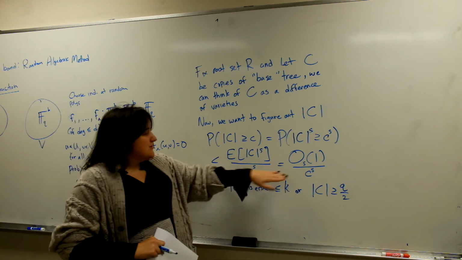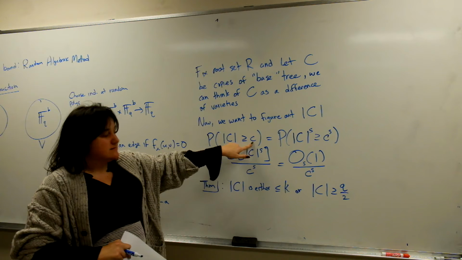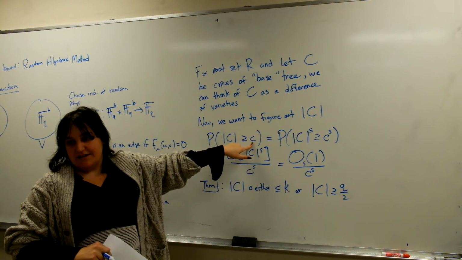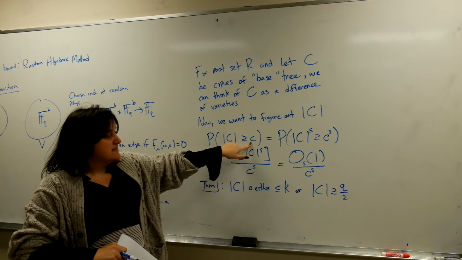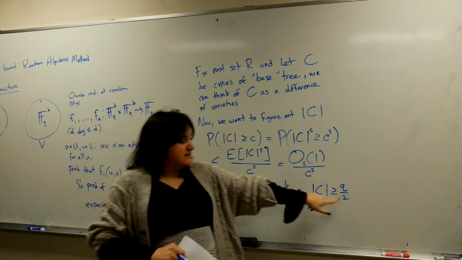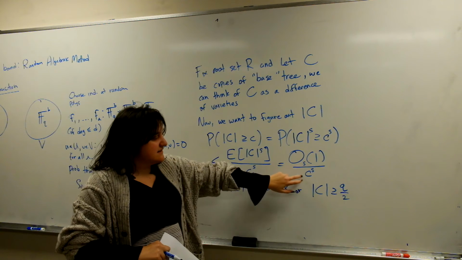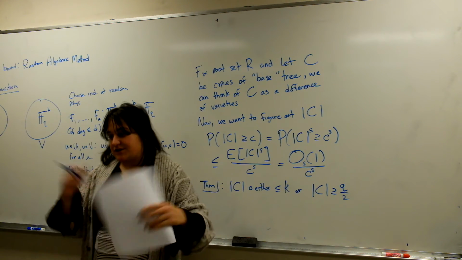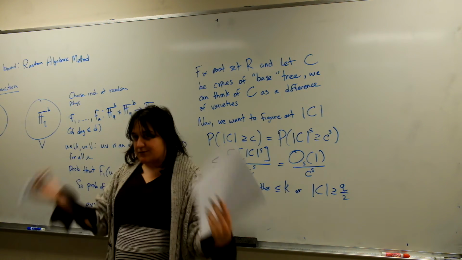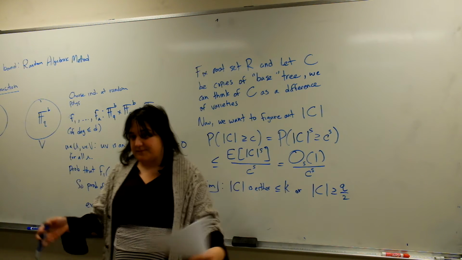So what we can do here is if we make this little c equal to k plus 1, then the probability that we're at least k plus 1 is the probability that we're at least q over 2. And so that lets us replace this denominator with a q over 2 to the s. And for the appropriate choice of s, we do that comparison.